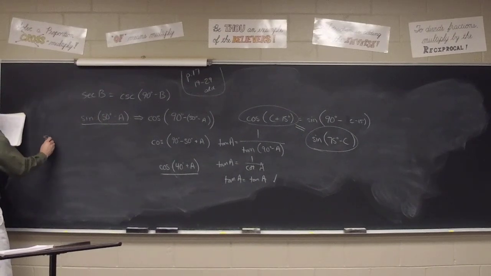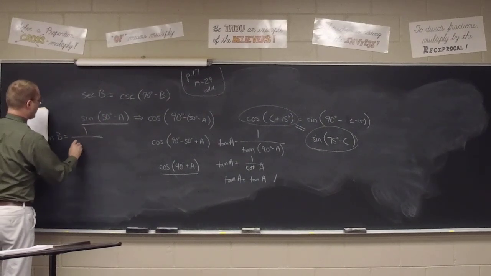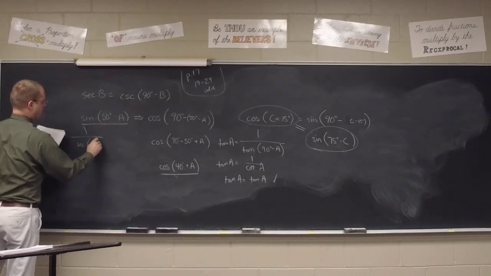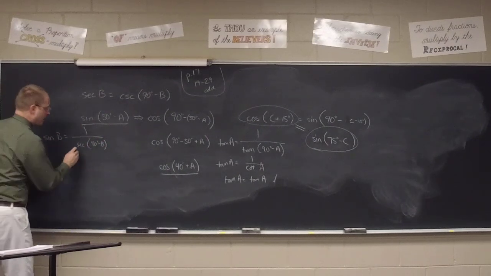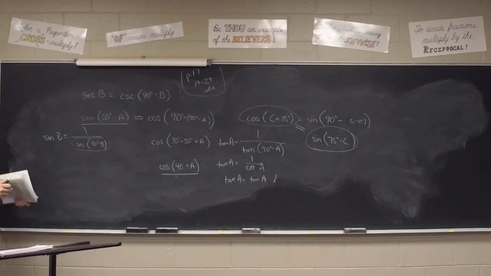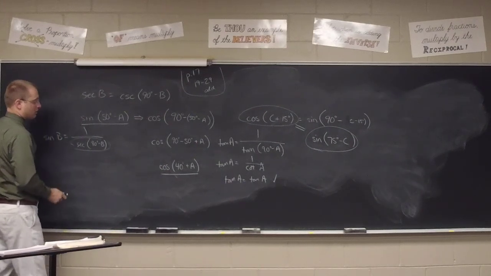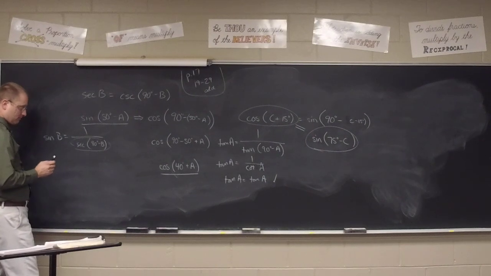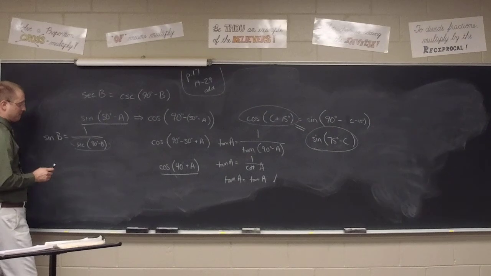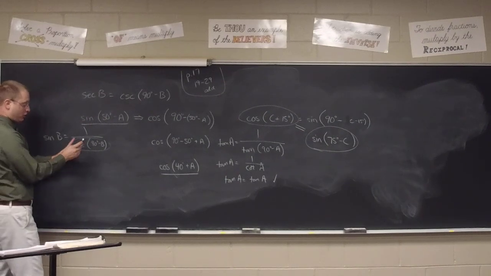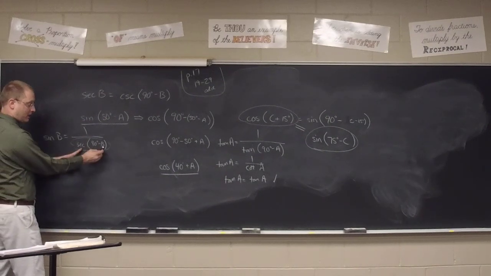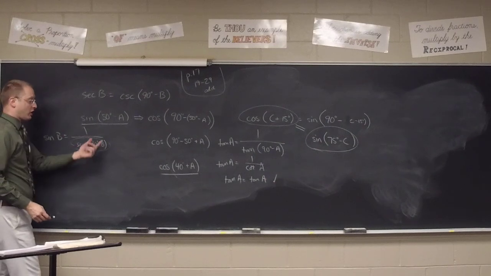Look at letter number 32. It gives us that the sine of B is equal to 1 over the secant of 90 degrees minus B. Well, what's another way of rewriting secant of 90 minus B, Jamie? Cosecant. Cosecant is the cofunction, so the cosecant of B, because this is the cofunction of a coangle.